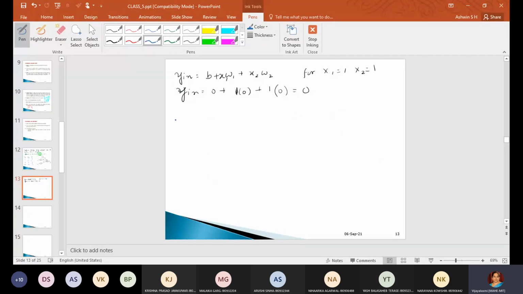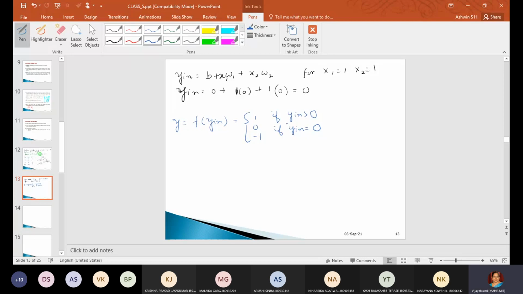So y is equal to f of y in, which is equal to 1, 0, minus 1. It is 1 if y in is greater than theta. Second condition, if y in is equal to theta, so here it is 0.